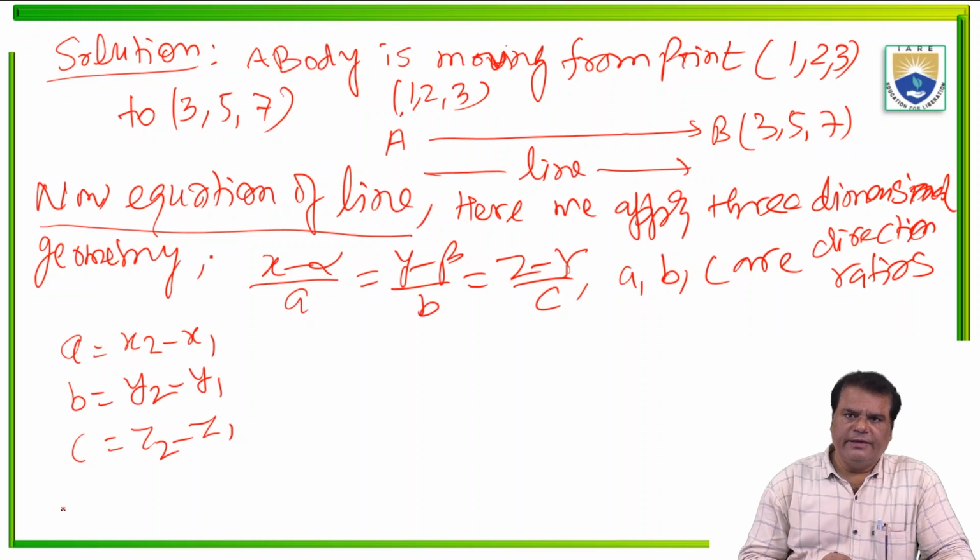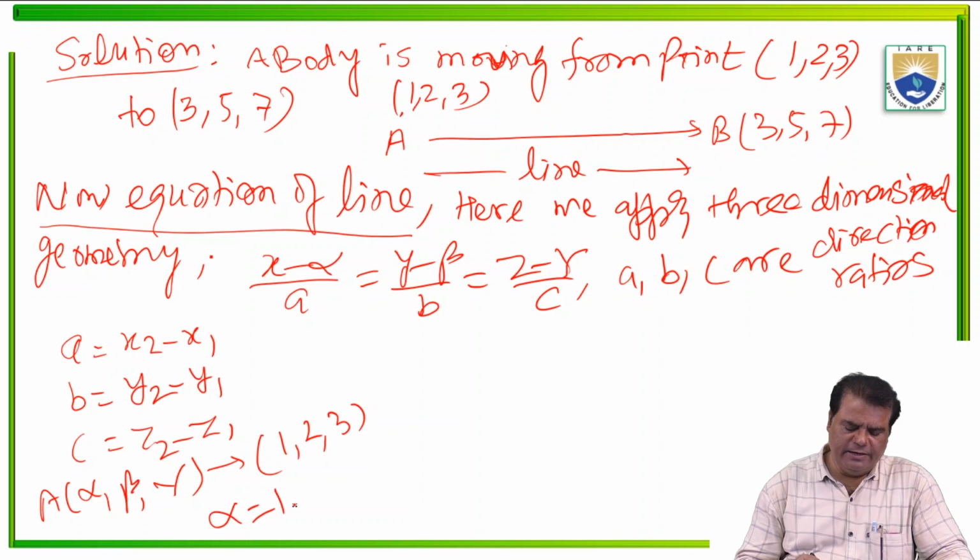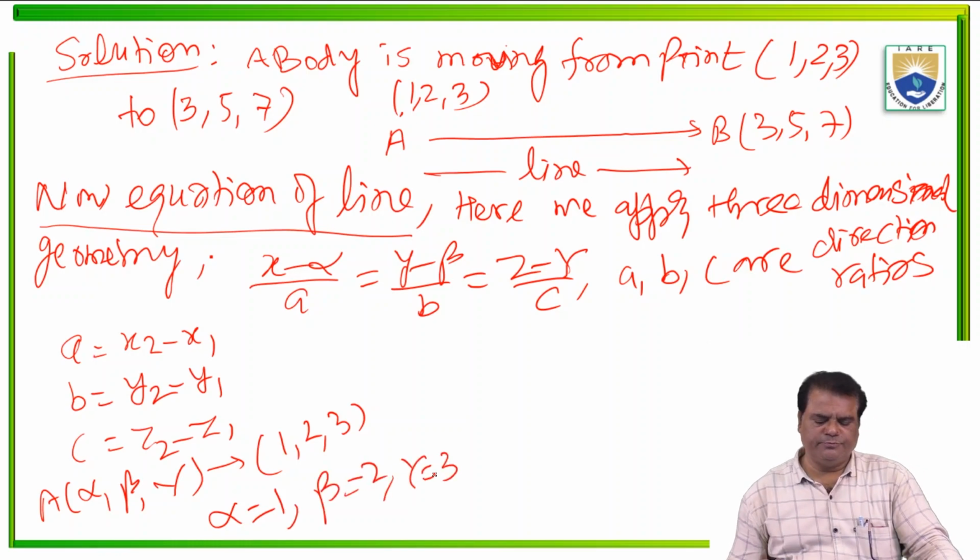And alpha, beta, gamma is the point A. What is A here? 1, 2, 3. So alpha is 1, beta is 2, gamma is 3.